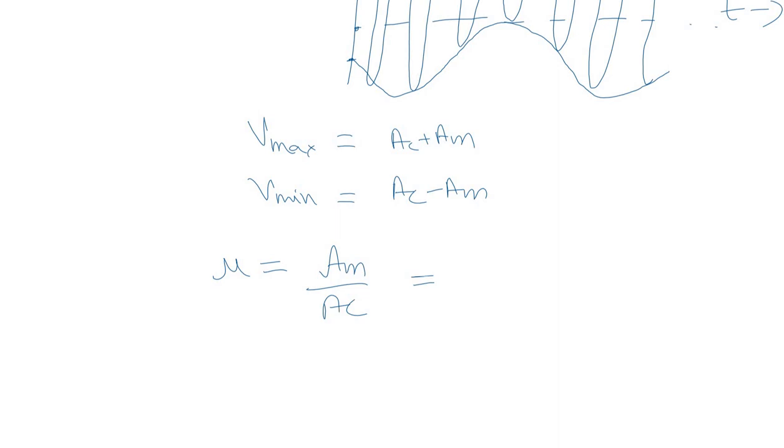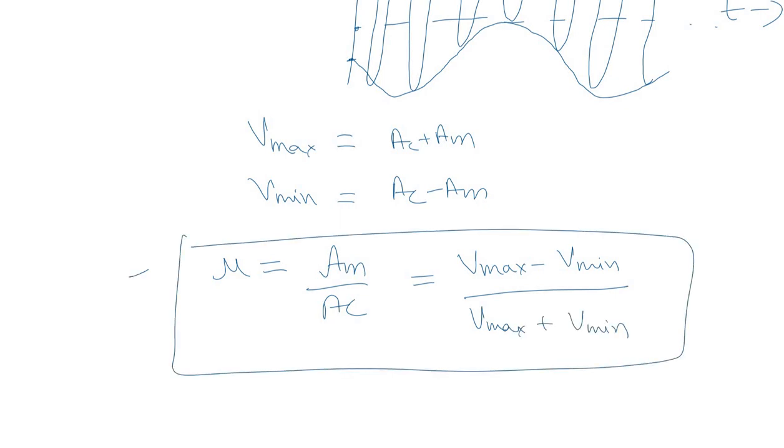So can we alternatively represent this ratio AM by AC as Vmax minus Vmin divided by Vmax plus Vmin? We can easily represent it in this way also.